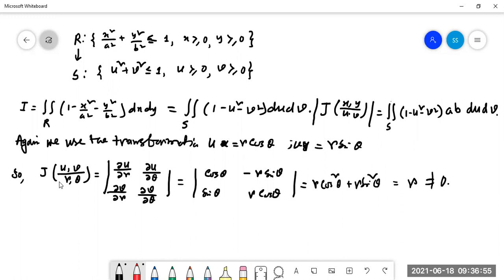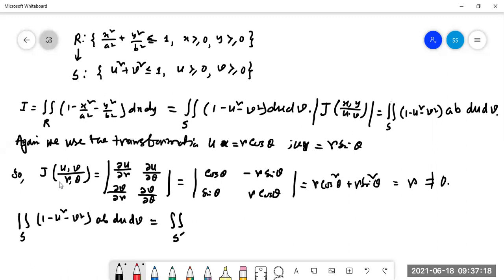So now the integration will be changed. So this double integration of 1 minus u square minus v square into ab du dv will be changed into the new region of integration, that is S dash.